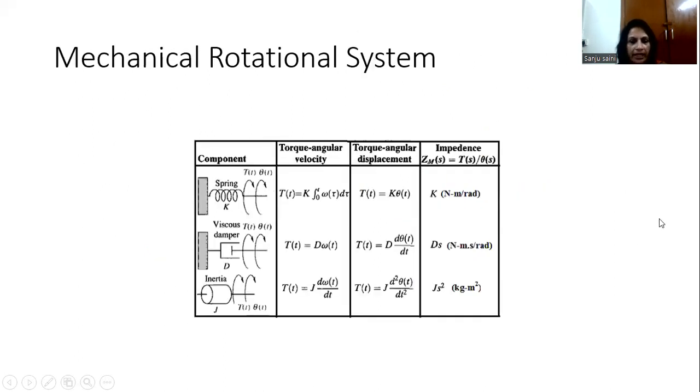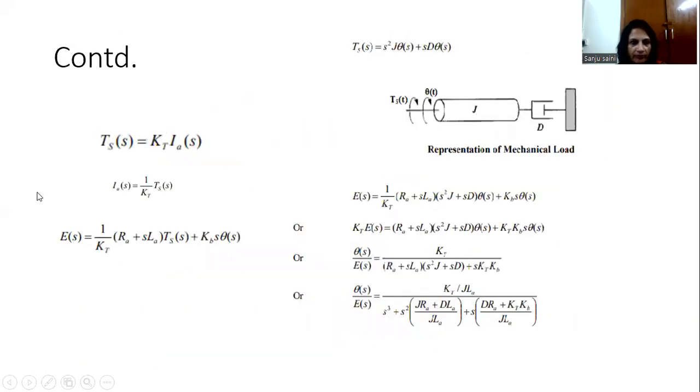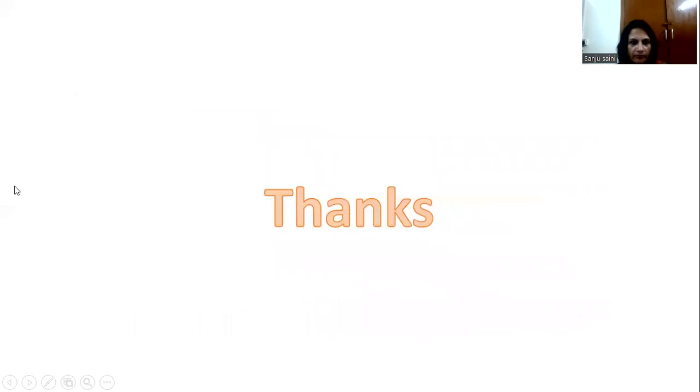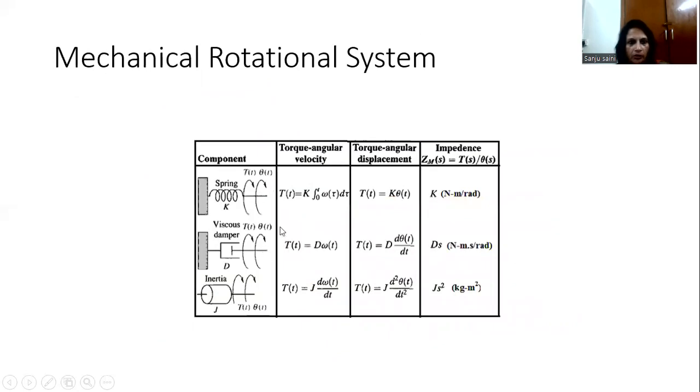Then the mechanical rotational system. In the case of the translational system, the motion is taking place along a straight line. In the case of the rotational system, motion is taking place in a circular manner, along a fixed axis.